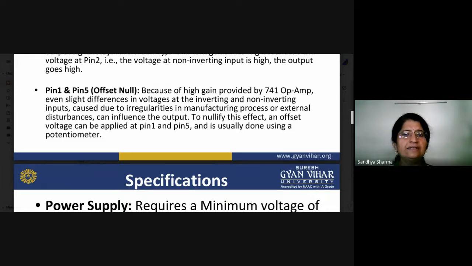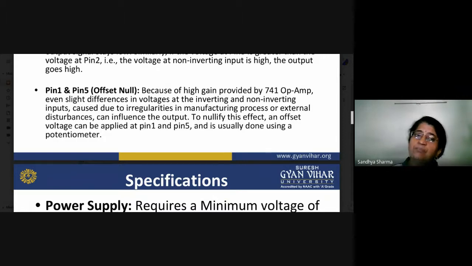To nullify this effect, why are we using pin number 1 and 5? Because you have to provide the offset null, meaning you have to neutralize your output voltage to 0 volt. You have provided 0 volt at your input terminal, but still you are not achieving zero output volt, because if your input is 0, your output voltage should be 0, but that voltage is not 0.